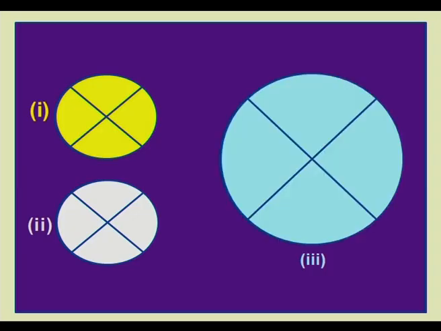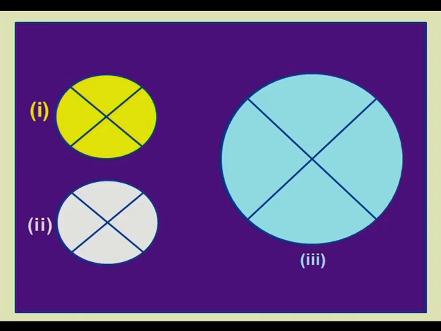Now, just observe the third figure which we have now on the screen. Yes, the third figure is also the same in shape as the other two figures, but it is bigger in size. So, when we compare first and third figures, can we say that these two are congruent? No, they have different sizes.